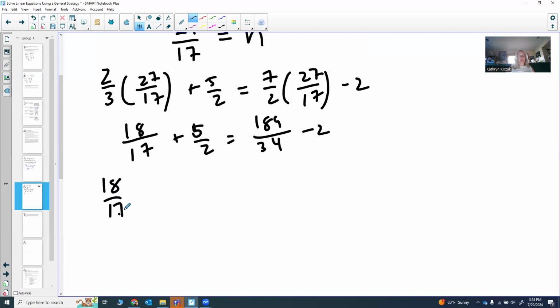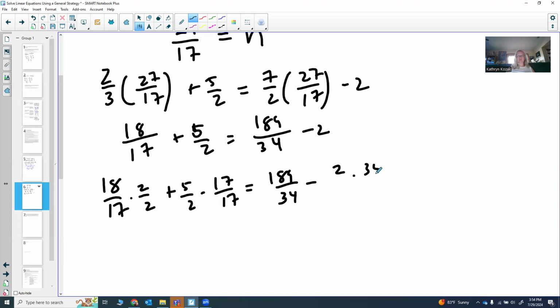18 over 17 times 2 over 2 will get us a common denominator, plus 5 over 2 times 17 over 17 will get us a common denominator. Equals 189 over 34, that already has the common denominator, minus 2 times 34 over 34 to get that with a common denominator.